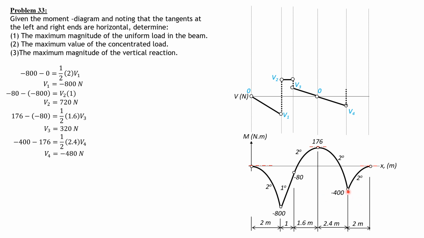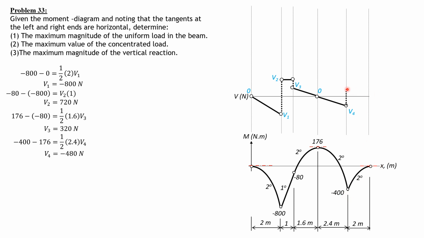Then between this point and the last point, the tangent is horizontal. Then we have another triangular loading here, with the rightmost end at 0, because of 0 shear, because of 0 slope in the moment curve, and 0 minus negative 400 is positive 400.